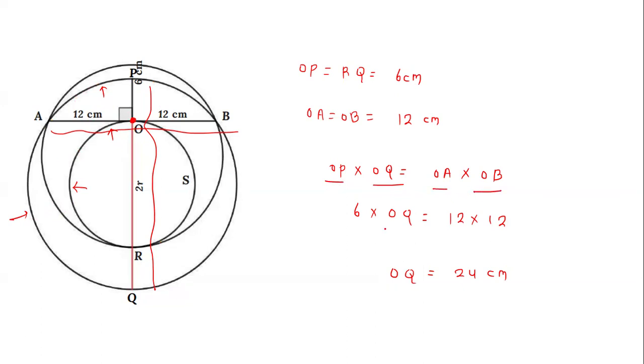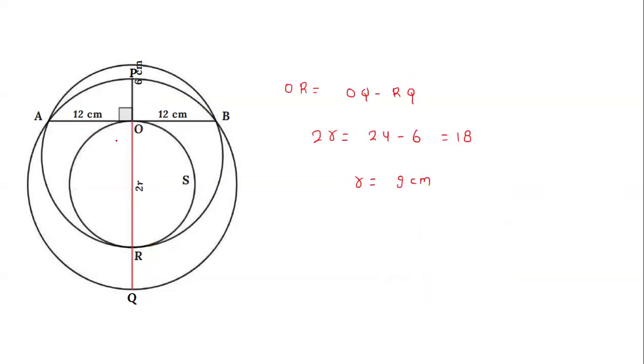OP length we know is 6, but OQ length we don't know, and OA and OB length we also know. So OQ length comes as 24 centimeter, and this length is 2 times r, which is the diameter of this smaller circle, and this length we know as 6 centimeter.